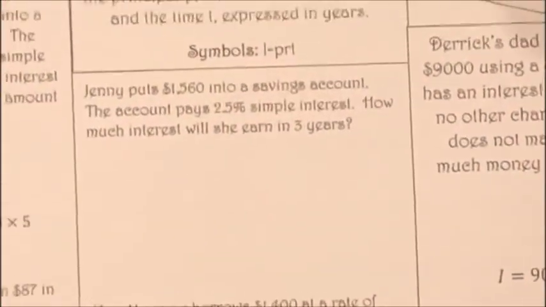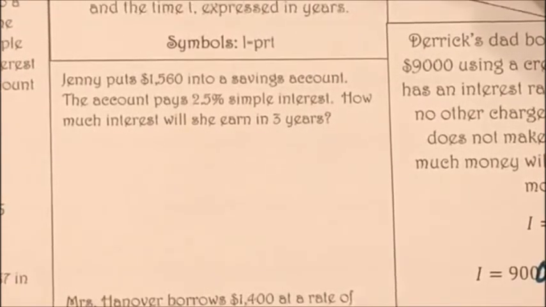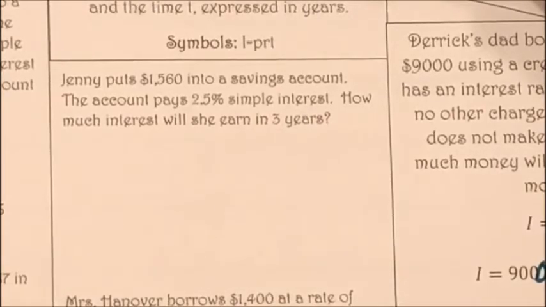All right, now that you've tried the try it problems on your own, let's go over the answers together. The first one says Jenny puts $1,560 into a savings account. The account pays 2.5% simple interest. How much interest will she earn in 3 years?